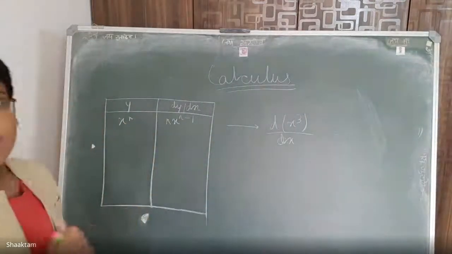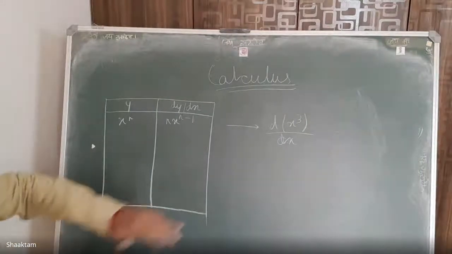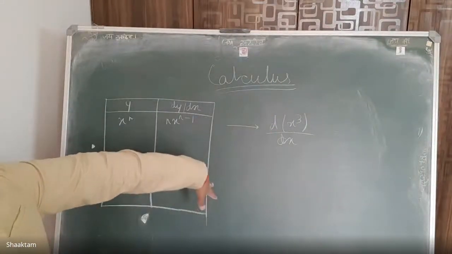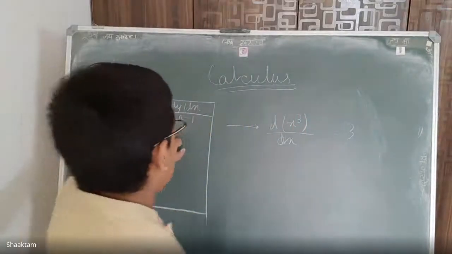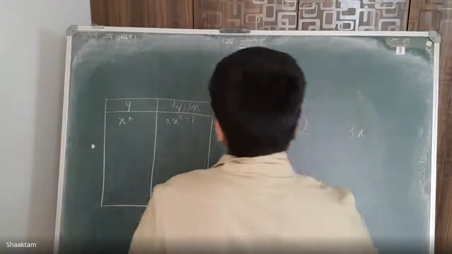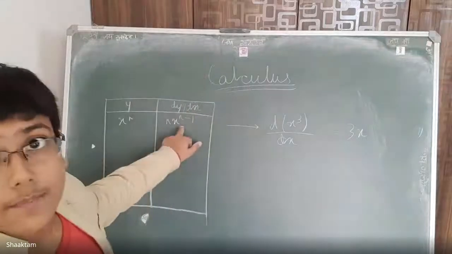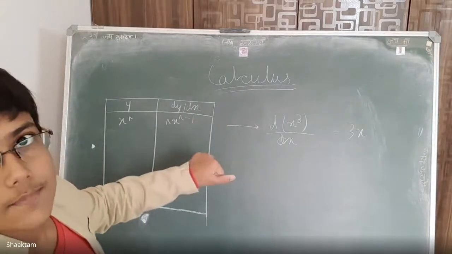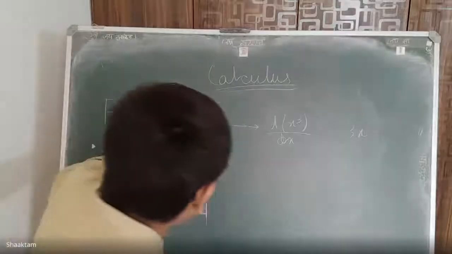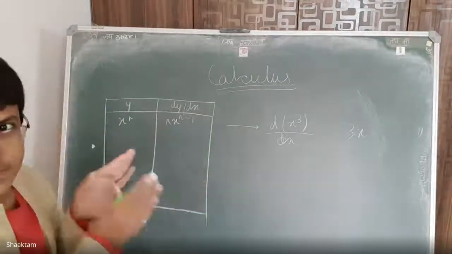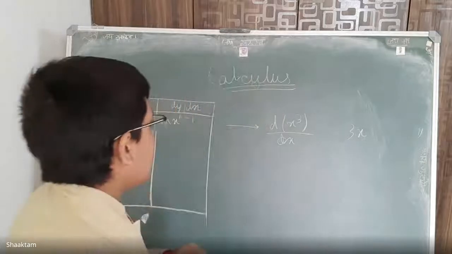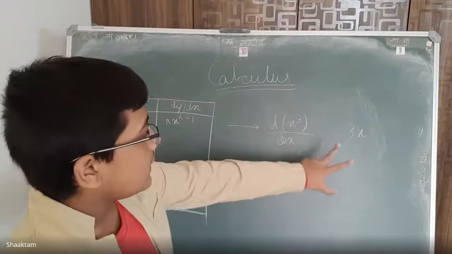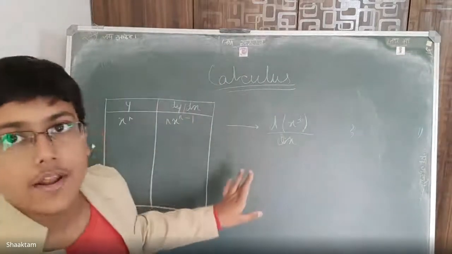So they have said x raised to n. What you do in this case is bring the n down. So first write 3, then write x raised to n minus 1, that is exponent by the way. Don't think it is n into x into n minus 1. No. It's n into x raised to n minus 1. So 3 is fine. 3 I brought down.